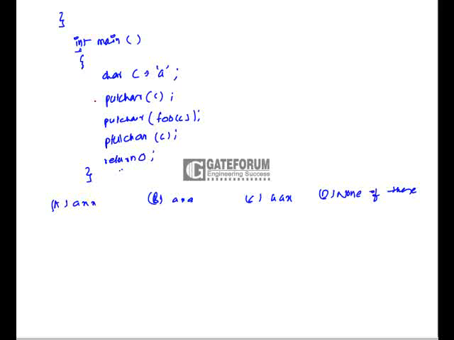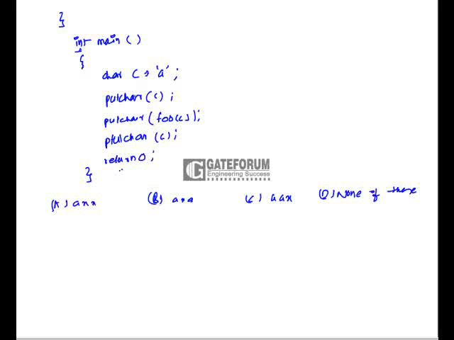Program execution starts from the function main. So here character C is declared as a character variable, and A is stored in that variable. Now putchar is called on variable C, so C will be passed to the function putchar.